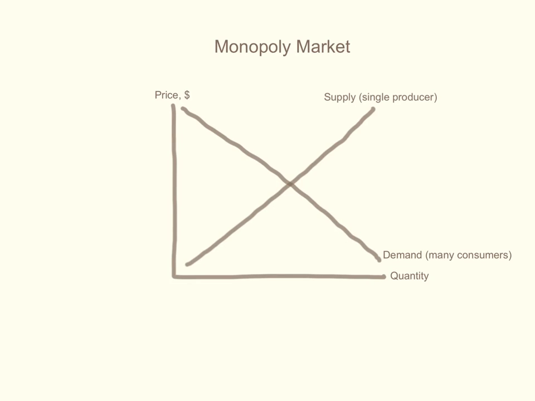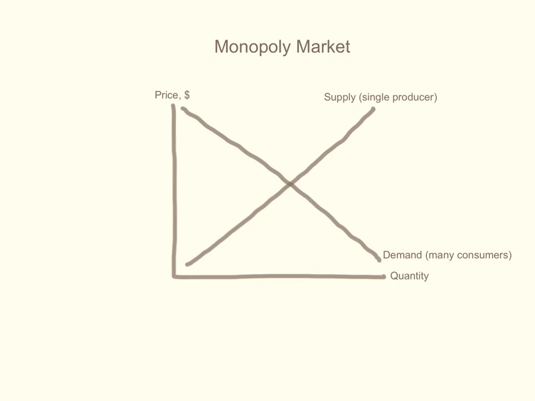Now, in the perfectly competitive market, any one particular producer was a price taker and simply charged for their product whatever the going market price was, and that producer would have no market power over that price. The monopolist, on the other hand, has significant power over the market price. If the monopolist charges a slightly higher price, then her sales drop a little bit, but not completely.